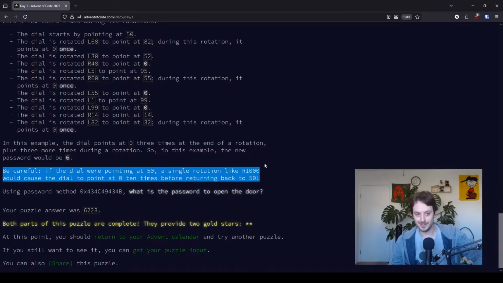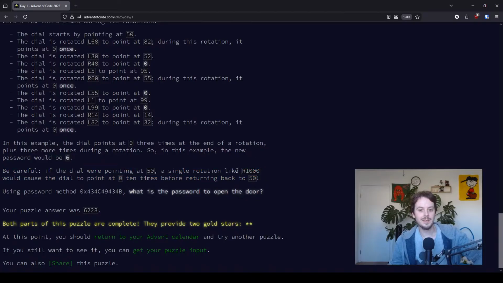There's also this interesting tip at the bottom that if you have a single instruction like rotate right 1000 clicks, then you're actually going to pass 0 multiple times. So in this place, you're going to go 10 times around as you're doing 1000, 100, 200, 300, 400, 500, 600, 700, 800, 900, 1000.